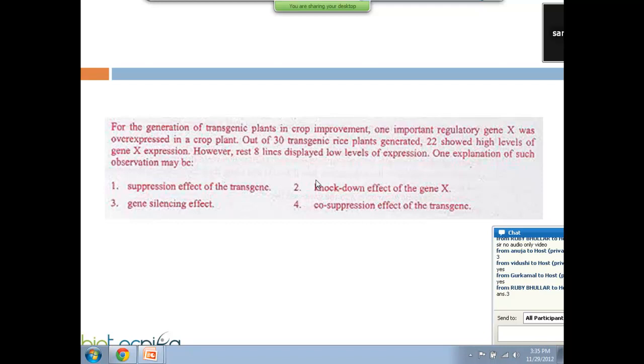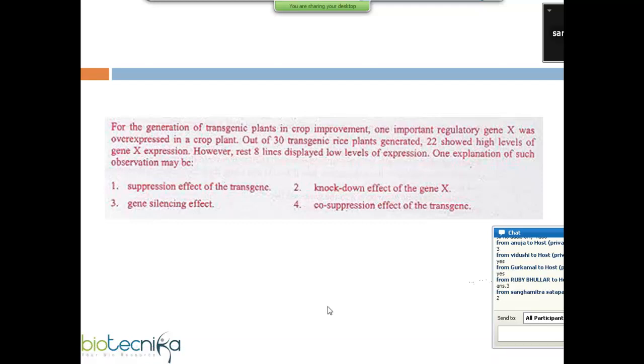That is what we don't want, but it is happening. So the most probable problem is one of the possible mechanisms by which the expression of the gene is reduced. The answer is 3.